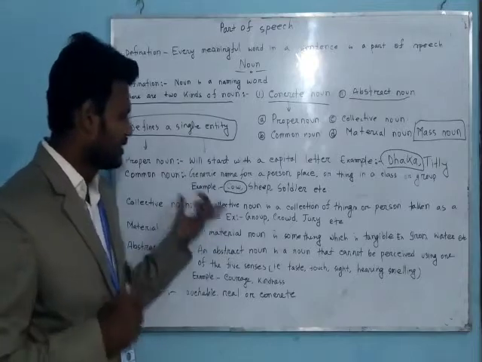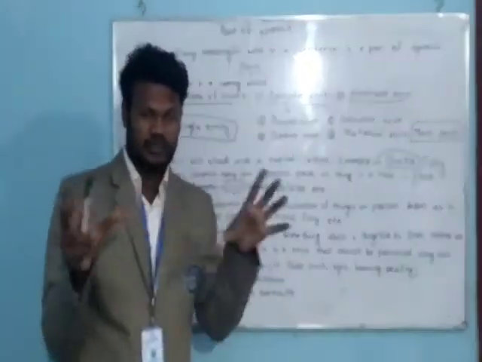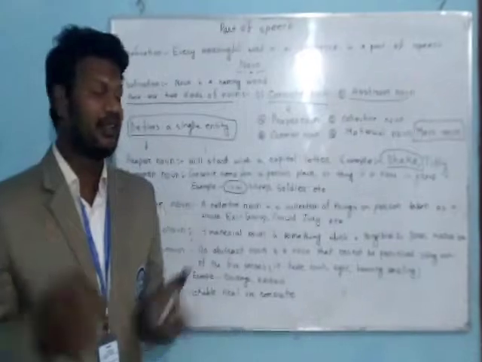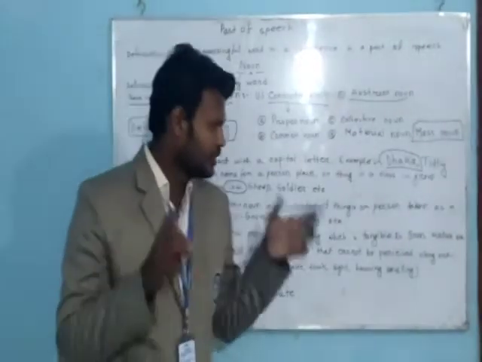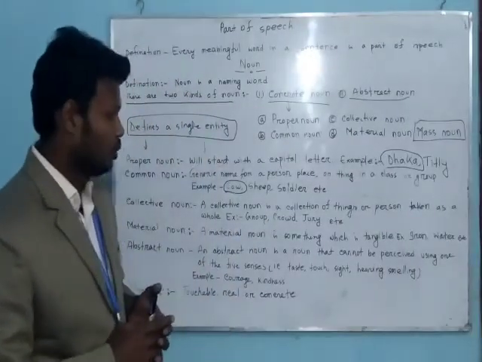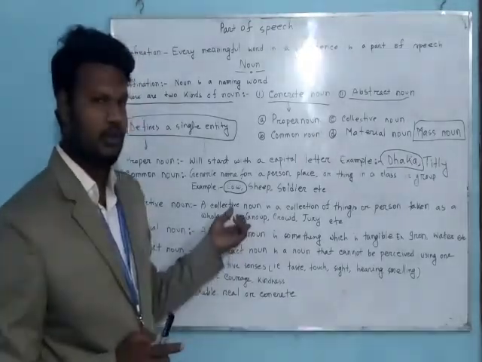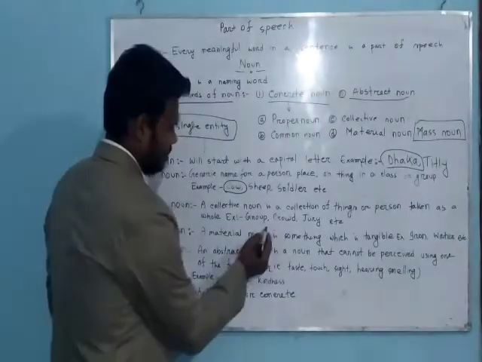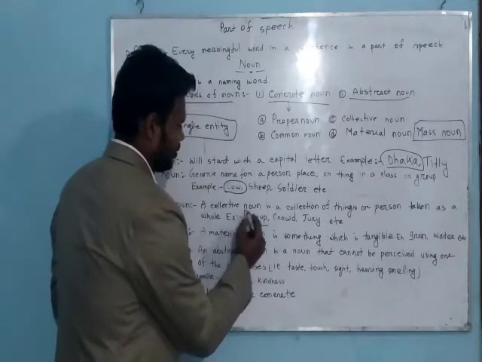A collective noun is a collection. What is a collection? When there is a collection, there is a combination of things or persons taken as a whole. So let's talk about the example here. If I say group, what does group mean?